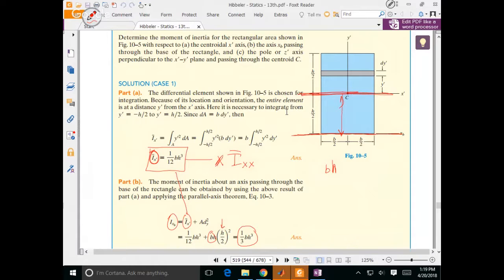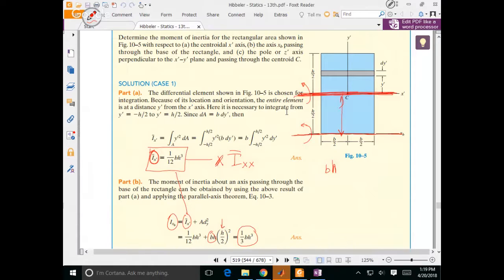So if you think about it, put a bar right through here and spin it around here. If you spun it in a circle, you would have to have a torque in order to get it to spin up. At the same time, the larger the moment of inertia is, the more time it takes to spin up.